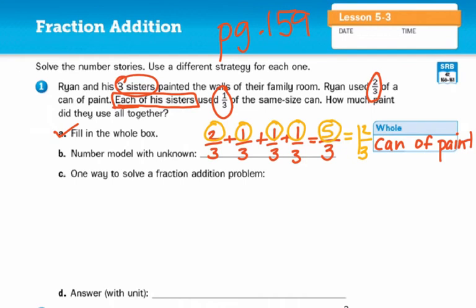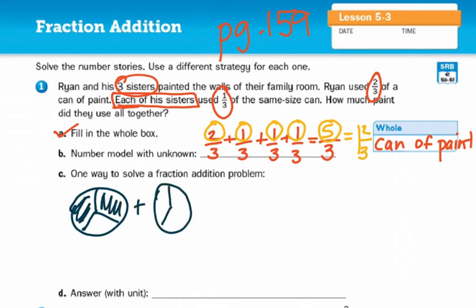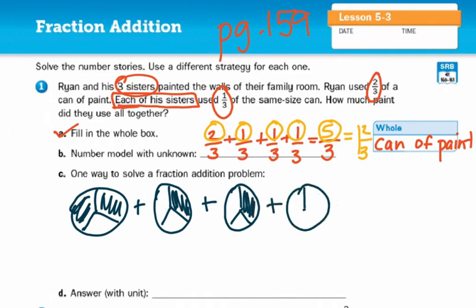Now let's go ahead and draw a picture of what that might look like. Each can, if you think of it maybe in terms of a gallon, Ryan is 2/3 and each sister is another third. So sister 1, sister 2, and again, if you need more time to divide that, just go ahead and pause the video.